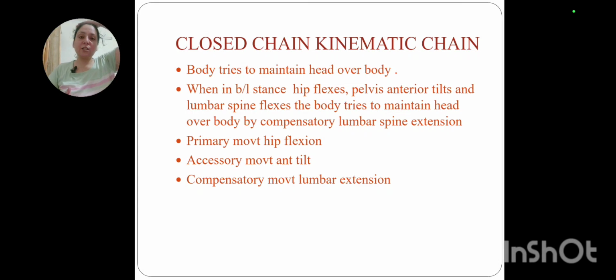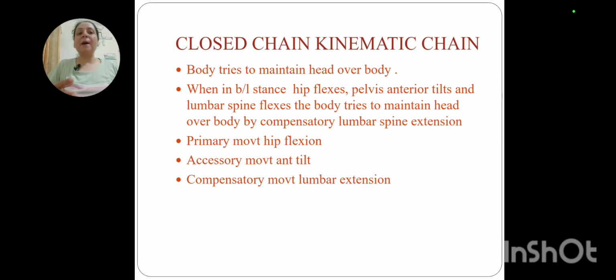Now if this structure is not allowed to move forward, what will happen? It is stuck. That is, if I take this wall, the roof stuck over here, and of course the floor, and I am stuck in between, then what will happen? When I am taking a step, hip flexion takes place, the anterior tilt of the pelvis will take place, and the lumbar spine will flex. But if the lumbar spine flexes, the body will give a compensatory movement at the lumbar spine.